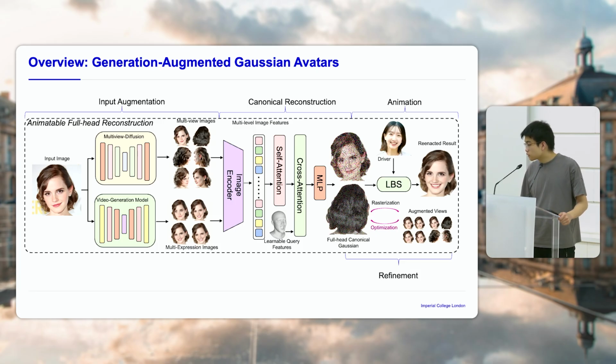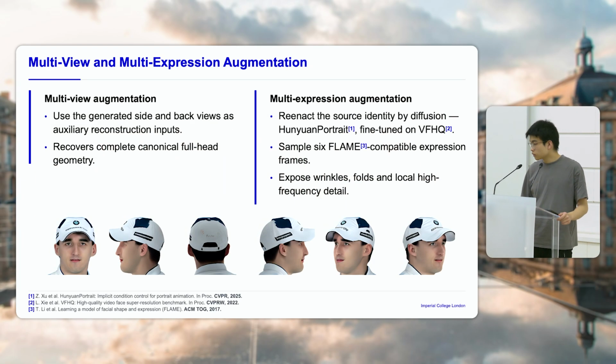Refinement then optimizes this canonical Gaussian with the generated observations, adding sharper geometry and details. The two augmentation branches are designed to realize two functions, that is, animation and full-head reconstruction.